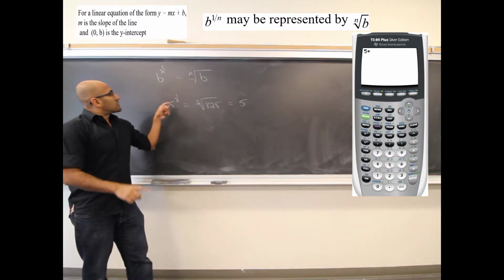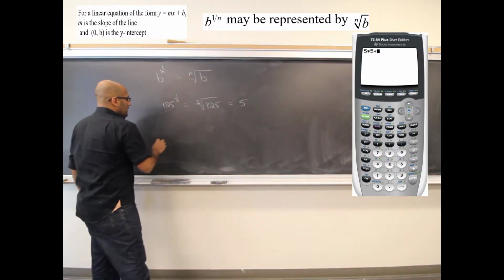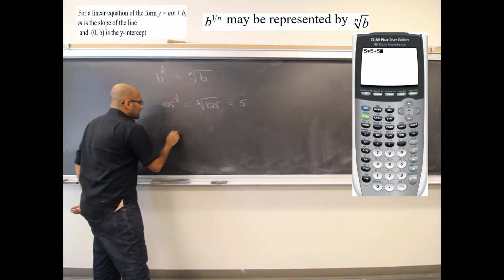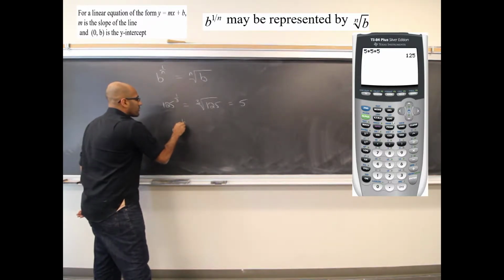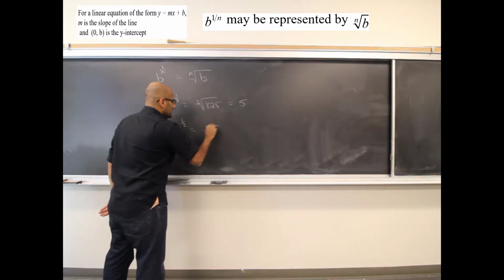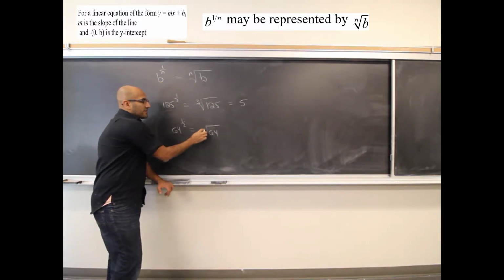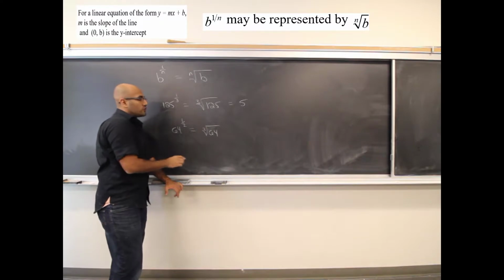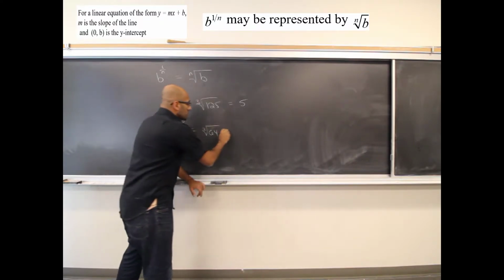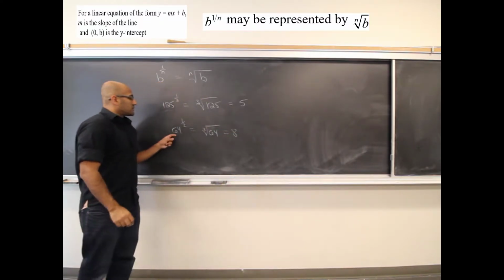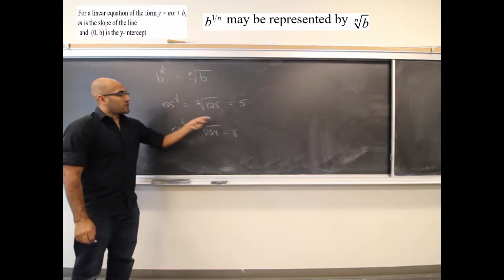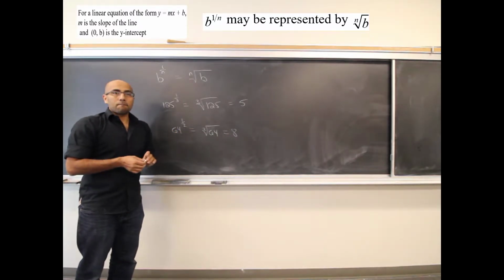Good? Okay, so what if we have an even one, 64 to the power of 1/2? Well, this is the square root of 64. Right? Again, if there's nothing there, by default we put a little 2. So this is an 8. So 64 to the 1/2 power is going to be equal to 8.